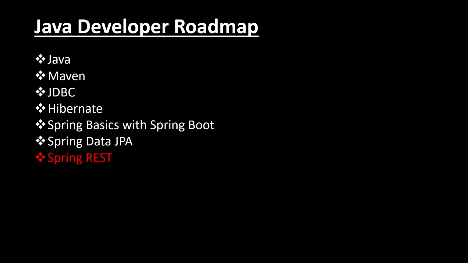Then comes our Spring Rest. This Spring Rest is the one which we are going to start in the upcoming days. Here we are going to learn about the controller layer, or you can say we are going to understand how to create APIs. Then once all these things are completed, we are going to start with the Spring Microservices playlist.